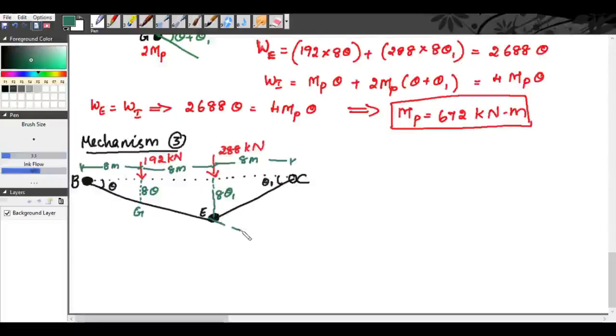And if you take the angle, this will be equal to theta plus theta 1. Now we will take the relationship between theta and theta 1. So taking triangles B, E, you take this as D, this as F. So taking triangles CFE and CDG, we get 8 theta 1 by 8 theta is equal to 8 by 16.